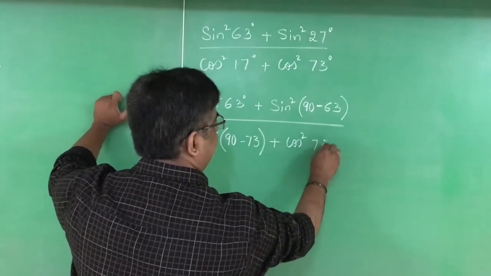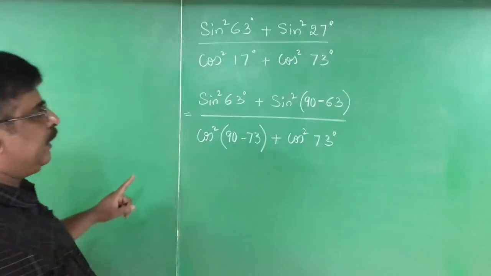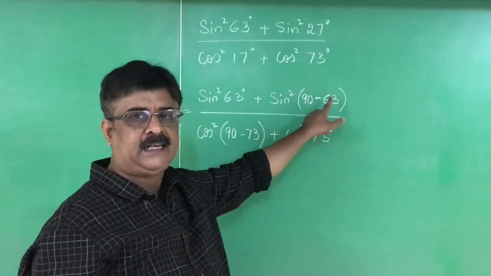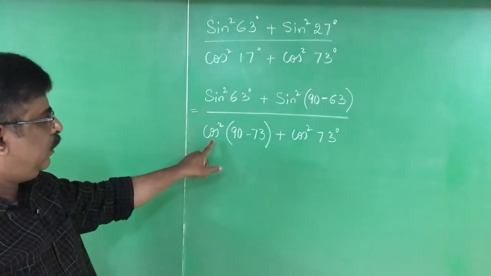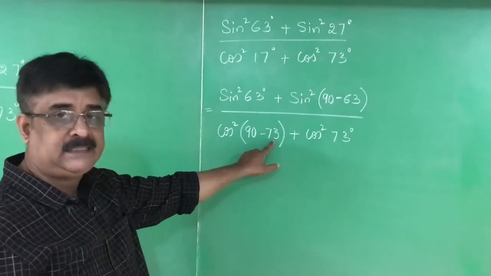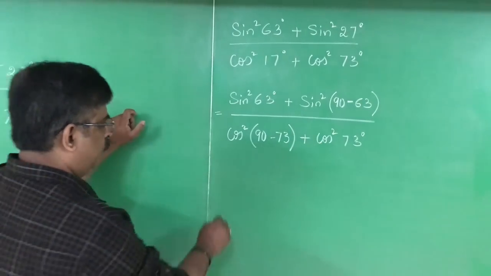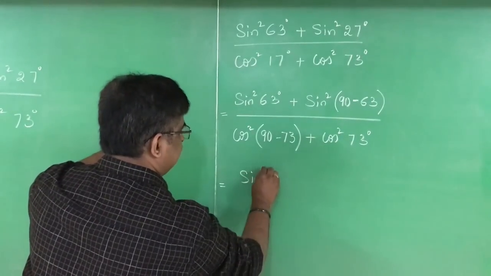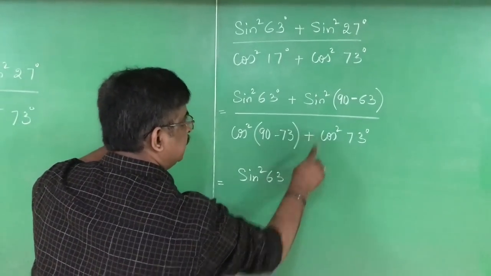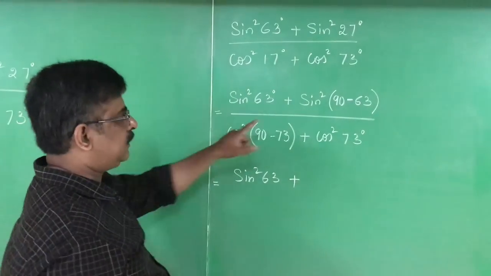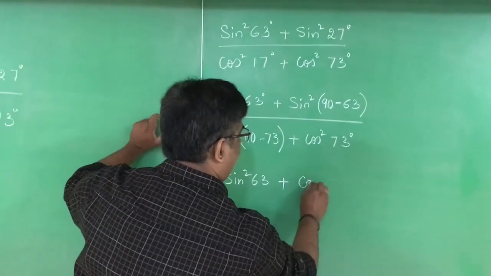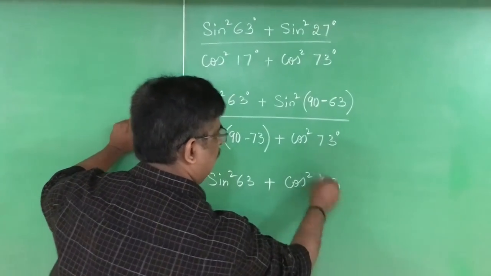Cos square 73. Now we know that sin 90 minus theta is cos theta. Similarly, cos 90 minus theta is sin theta. Therefore, this is sin square 63. This becomes what? Sin square 90 minus theta is equal to cos square 63.